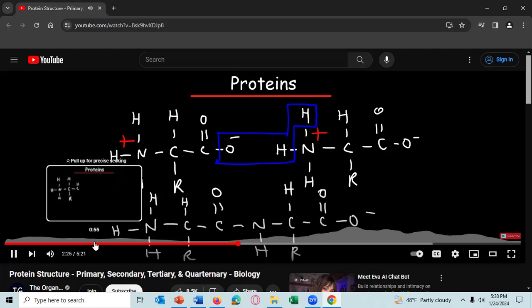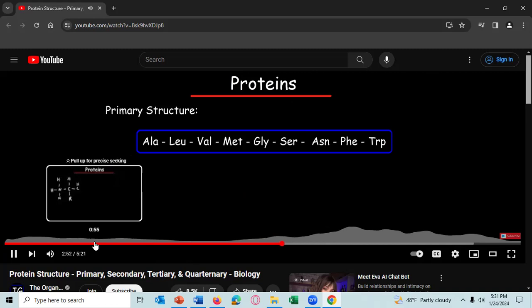So this is a dipeptide because we have 2 amino acids combined. And so this amide bond that we see here, that is the peptide bond. We formed a bond between the carbon and the nitrogen atom. So whenever you combine two amino acids to form a peptide bond, you're forming a covalent bond, which is hard to break.